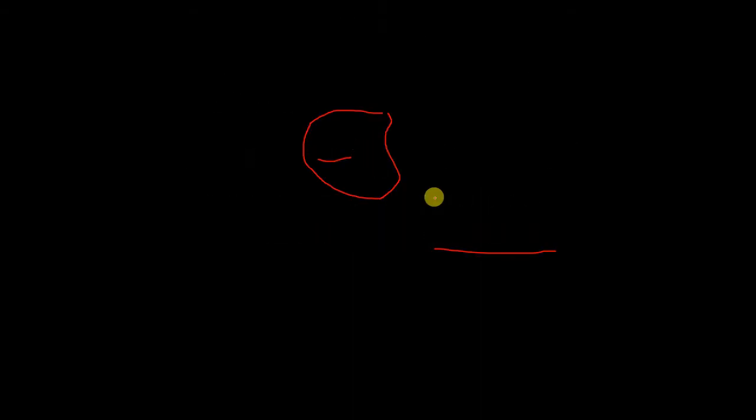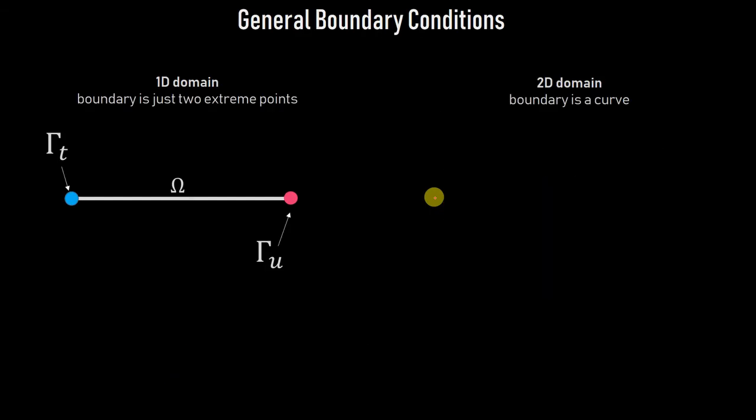Now, by doing this integration by parts, what do we gain? Let's summarize. The first thing is that it weakens the differentiability requirement, because we have transferred one derivative from our approximate solution, a state variable, to the vector in the trial space.